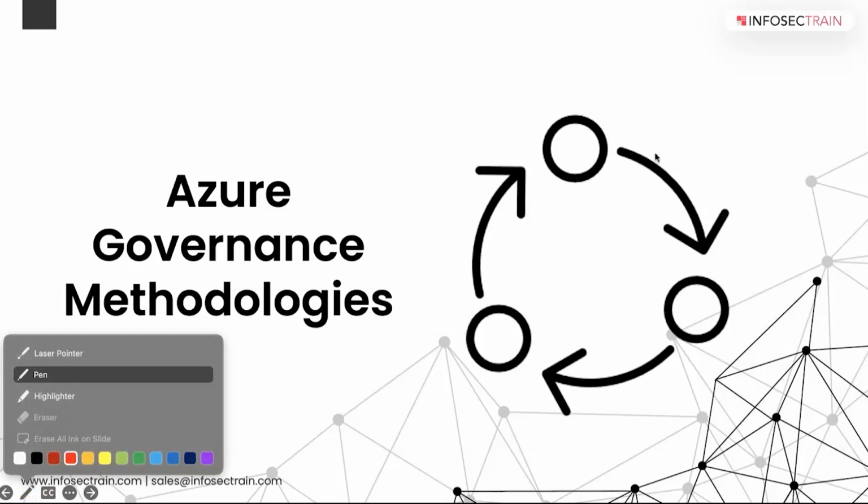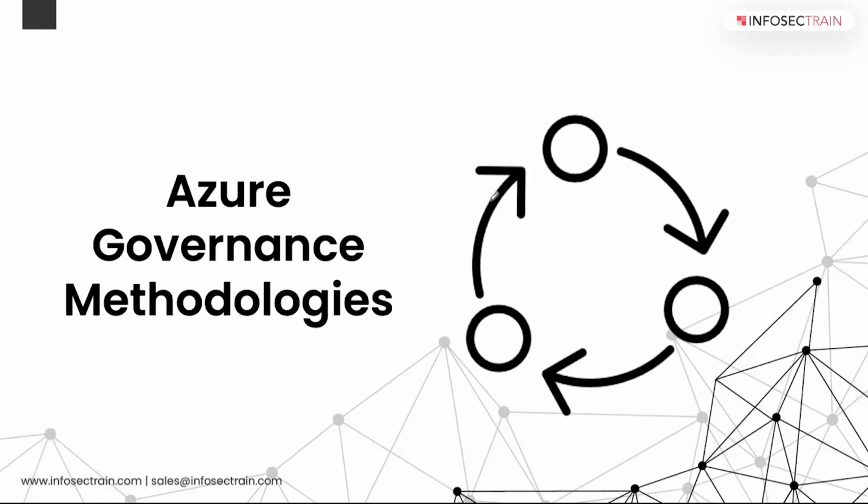So now we are talking about building a cloud governance strategy on Azure itself. The term governance describes the general process of establishing rules and policies and making sure that those rules and policies are enforced and your day-to-day activities are in accordance with them.